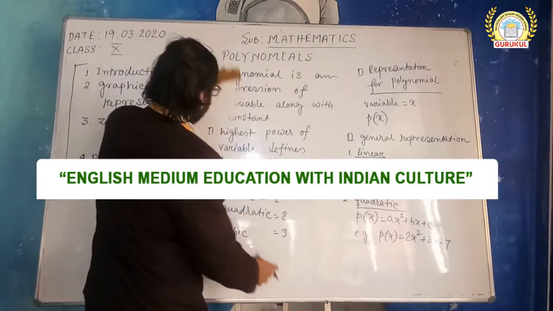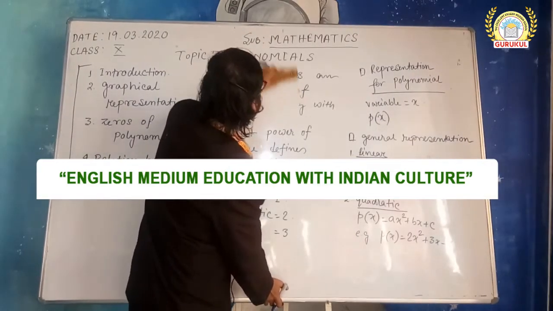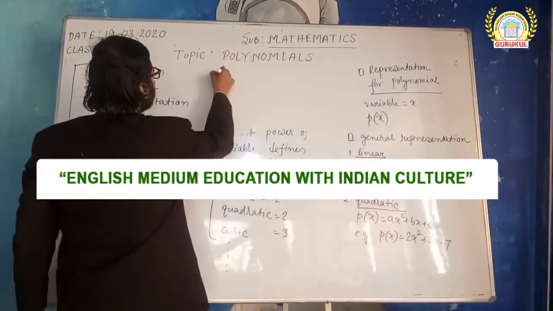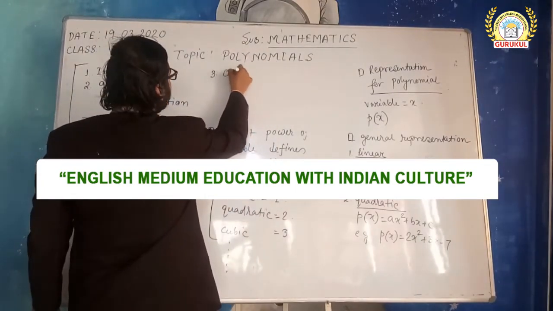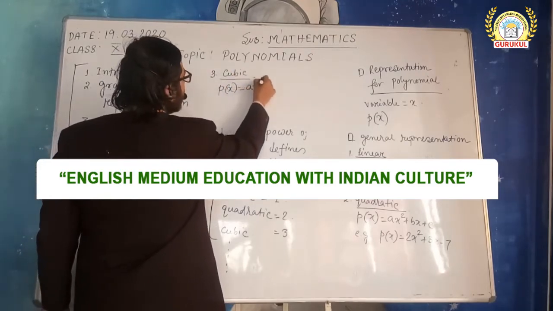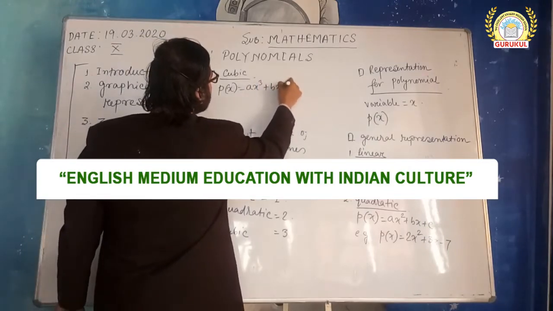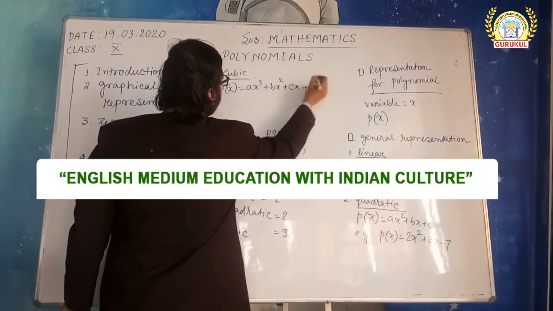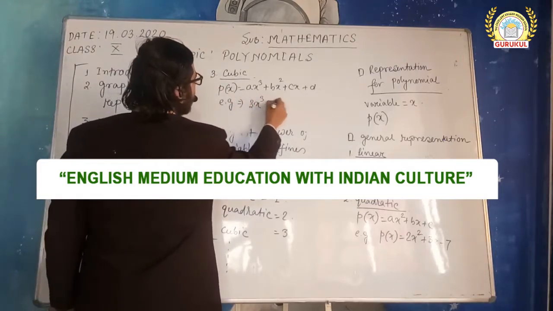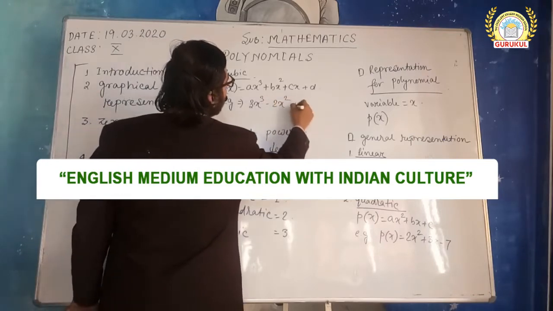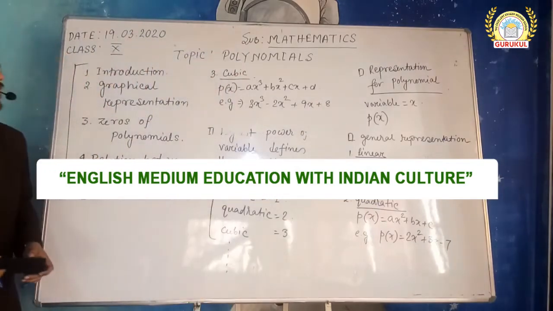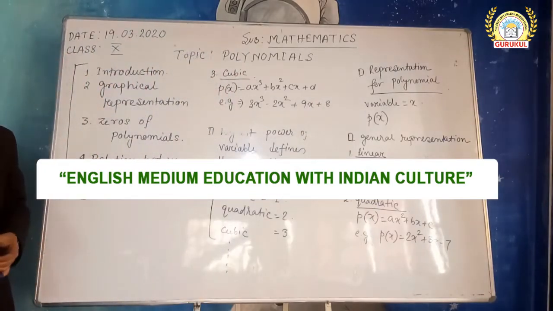After that, number 3, we need to know about the cubic. General representation, p of x equal to ax cube plus bx square plus cx plus d. Example, we can take 3x cube minus 2x square plus 9x plus 8. This is the example for cubic, and in this way you can take any kind of example.